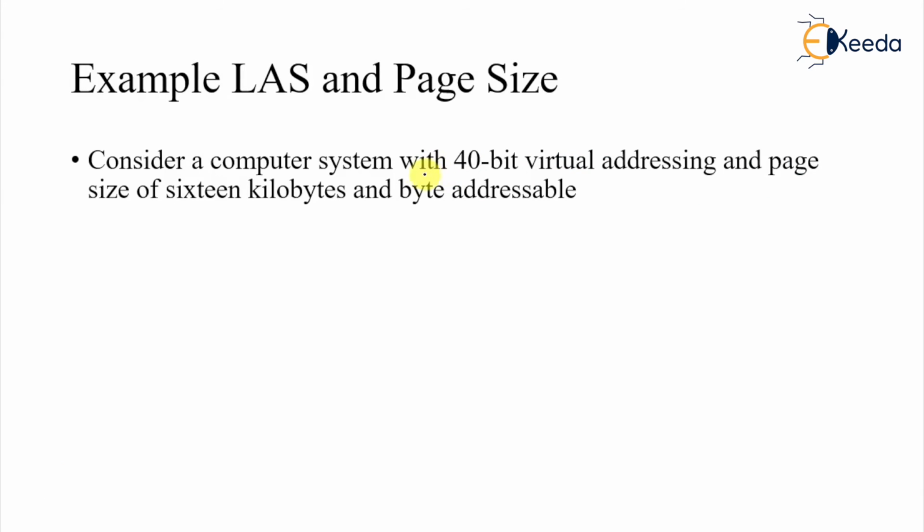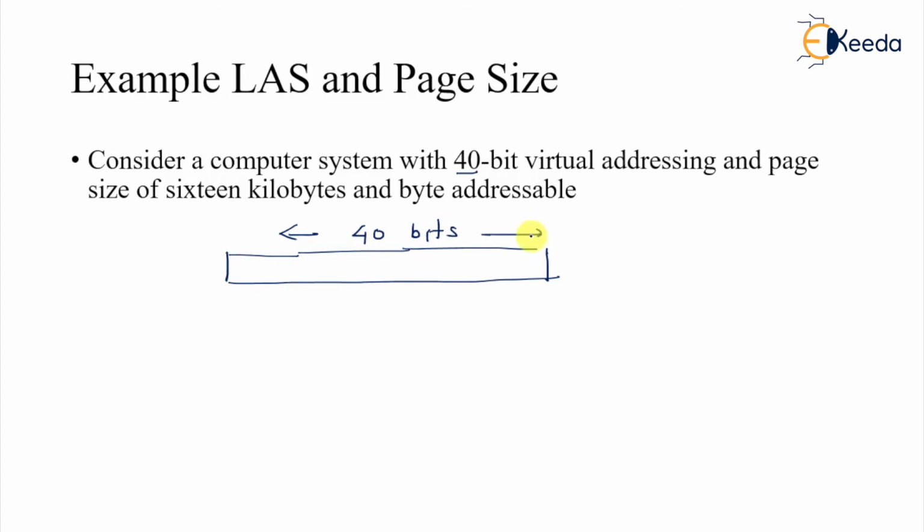Now consider a computer system with 40-bit virtual addressing. Virtual addressing means the logical address space is of size 40 bits, so this entire thing is 40 bits in size. Page size, which is a new term, is 16 kilobytes. K is 2 to the power 10, so 2 to the power 4 times 2 to the power 10 becomes 2 to the power 14 bytes.